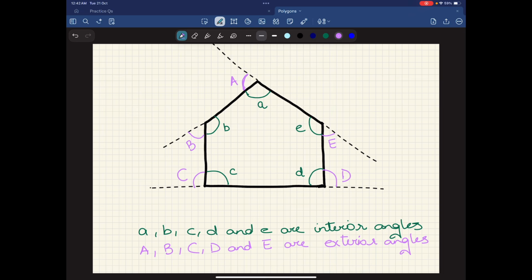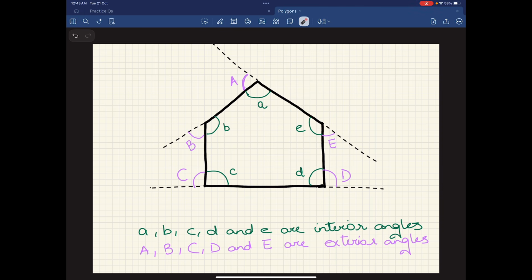Okay, can you see a relationship between the interior and exterior angles of a polygon? So they lie on a straight line. So the exterior and interior angle, from the looks of the diagram, they should add up to 180 degrees. And that is the case, okay?